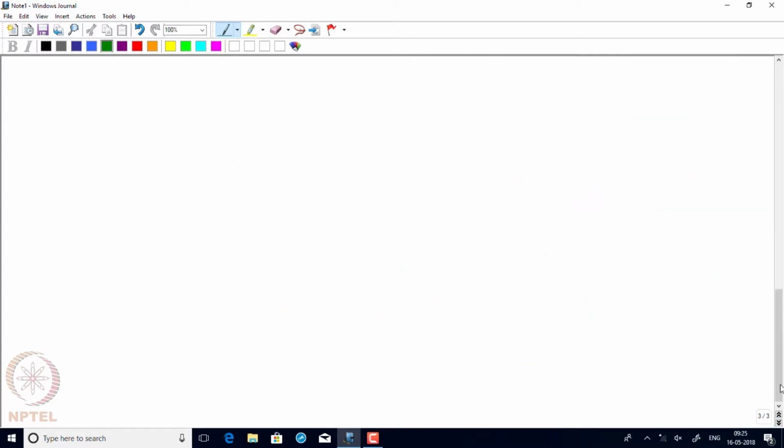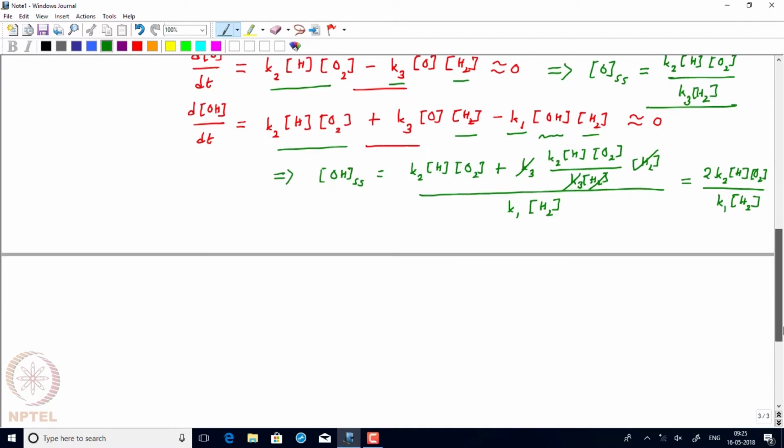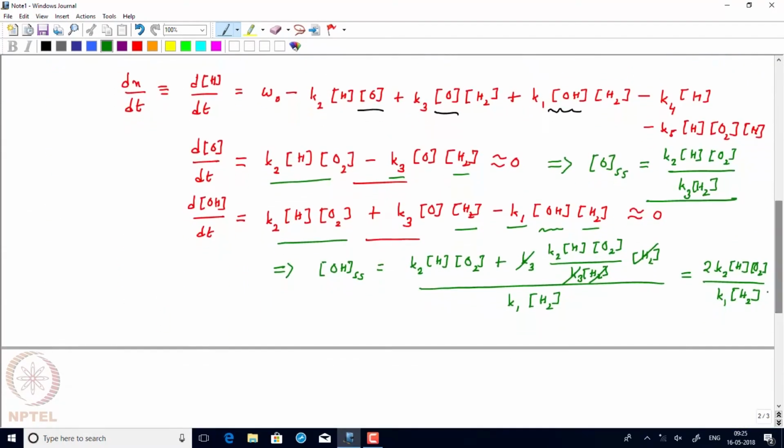So you get some compact form for these two. Now we are going to use these values to get, not the steady state concentration, but basically the rate of the radical concentration, which is identical to the hydrogen radical concentration.